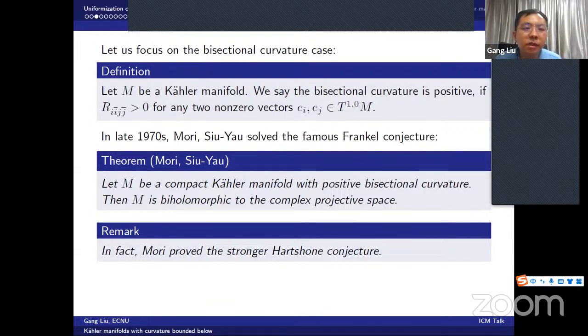In the late 1970s, Mori, Siu, and Yau solved the famous Frankel conjecture. So let M be a compact Kähler manifold with positive bisectional curvature, then M is biholomorphic to the complex projective space. A remark is that Mori actually proved the stronger Hartshorne conjecture.